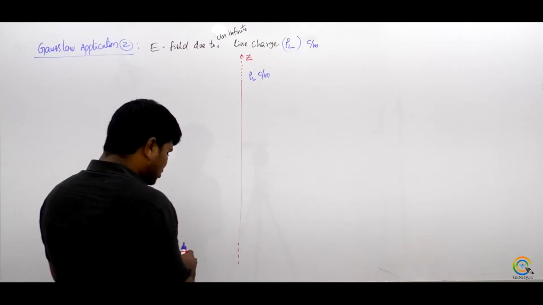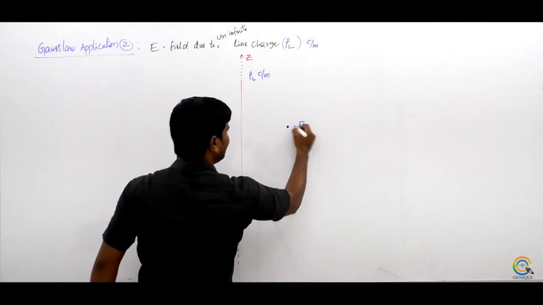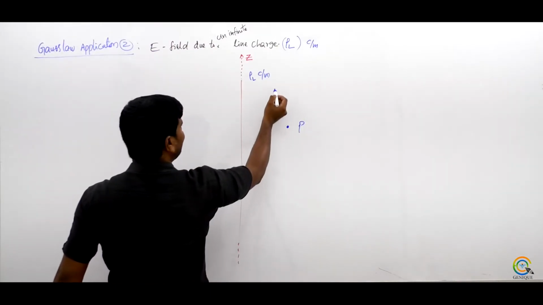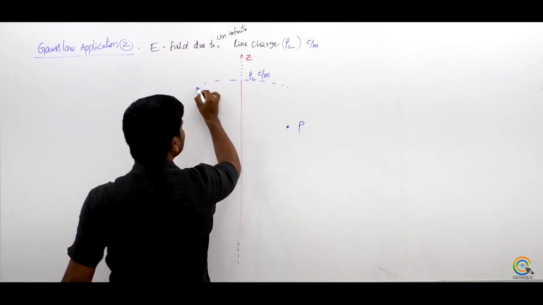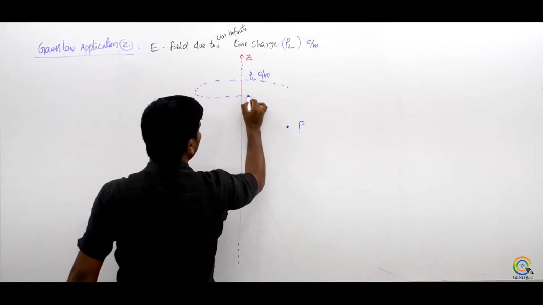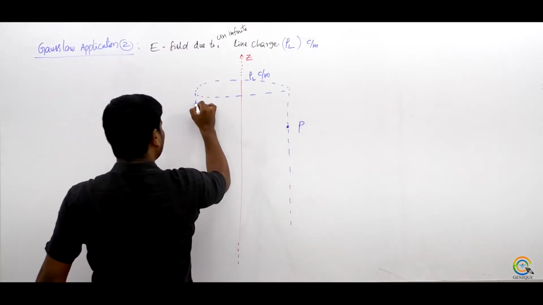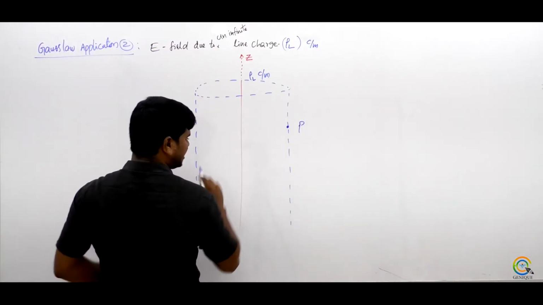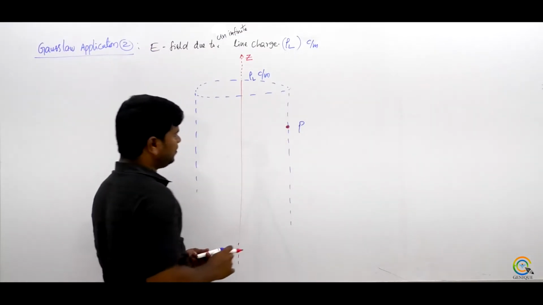Suppose I want to find the electric field intensity at any point P. What happens? We have to consider one cylinder on which the point lies, where we have to find the electric field intensity.